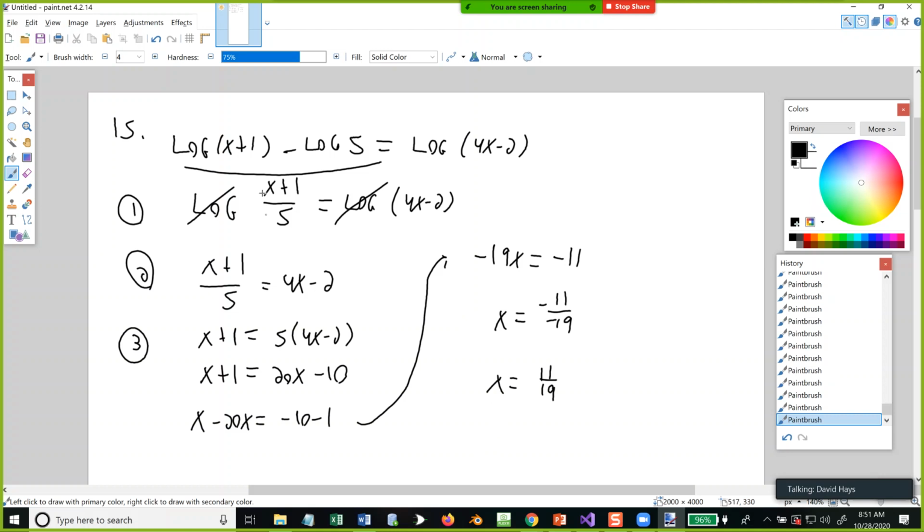Now if I check that, 11 19ths plus 1 is positive, so we're fine there. 4 times 11/19 is 44/19 minus 2. 44/19, I don't know what it is, but it's greater than 2. Something greater than 2 minus 2 gives us positive. So that's our answer. Again, we don't need to precisely check it, but we do need to make sure it doesn't cause log of 0 or log of a negative number.